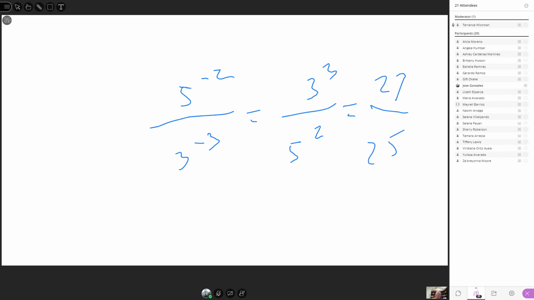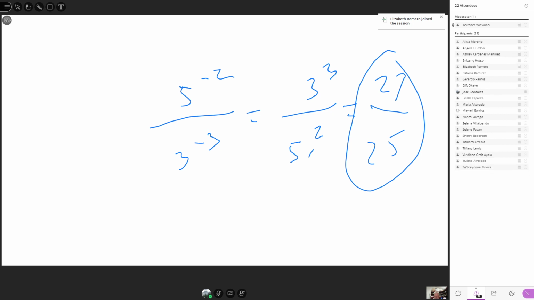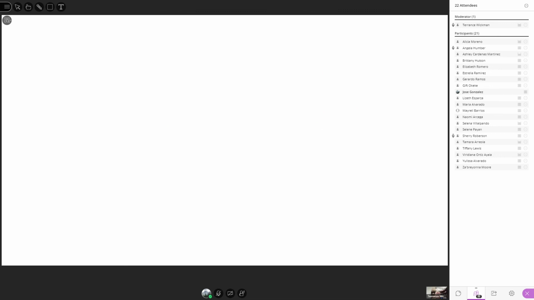That equals this. All I did was flip it. The 3 goes to the numerator with a positive exponent. The 5 goes to the denominator with a positive exponent. Does that make sense to you guys? Yes. Let me go forward.